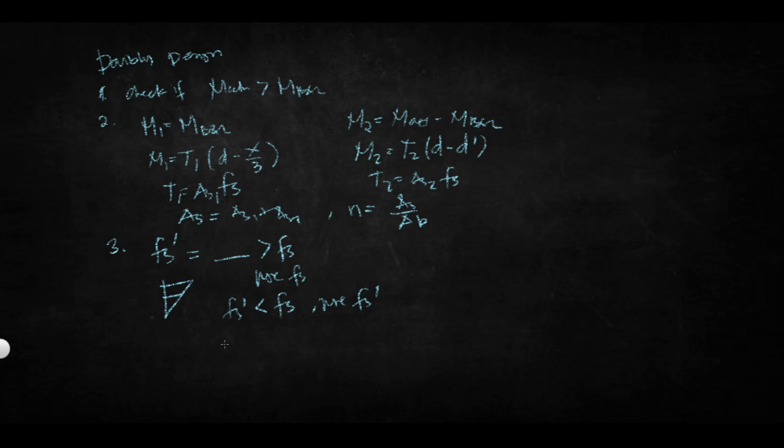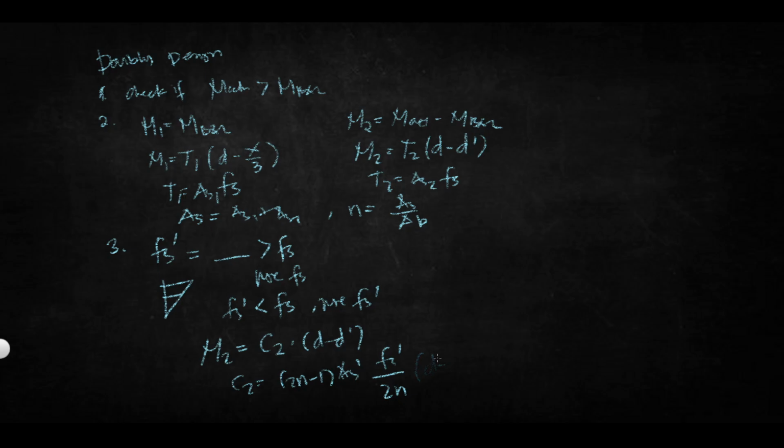okay, gamit po yung M2 is equal to C2 times D minus D prime. Okay, where C2 here is equal to AS prime Fs prime times, of course, transform area to plus, so we have 2n minus 1 AS prime times Fs prime all over 2 times D minus D prime for the moment.